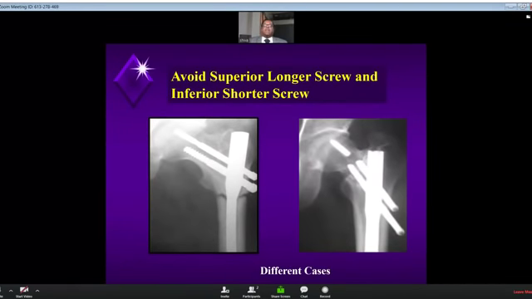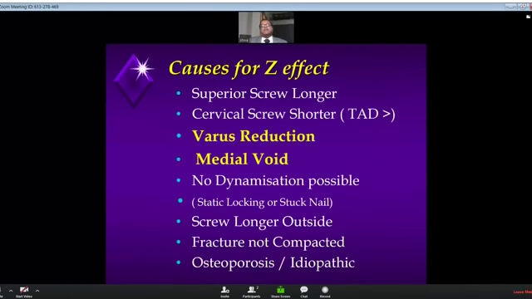Here you can see a longer superior screw as well as a shorter inferior screw. On the X-ray on the right, you can clearly see the superior screw breaking at the screw shaft interface, as well as the inferior screw walking out, leading to varus at the fracture site. So a shorter cervical screw is the next cause.